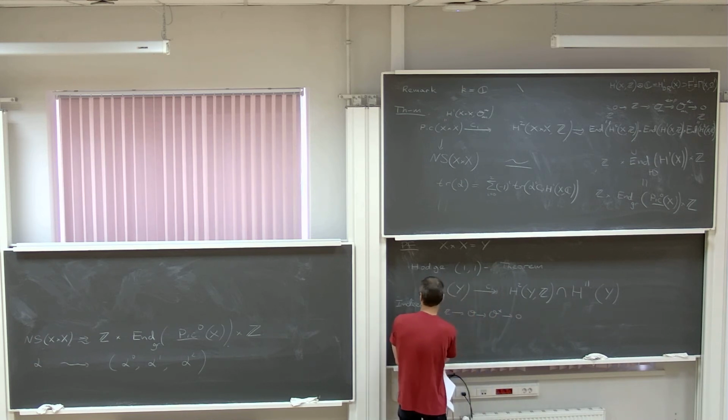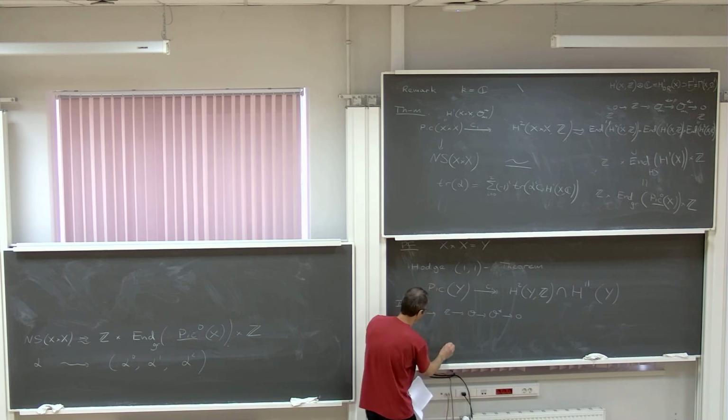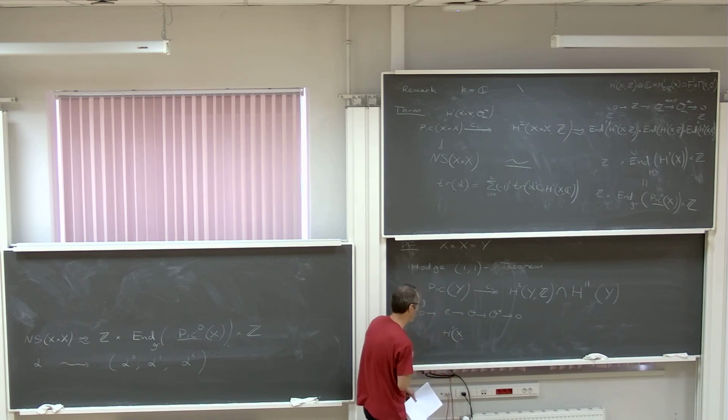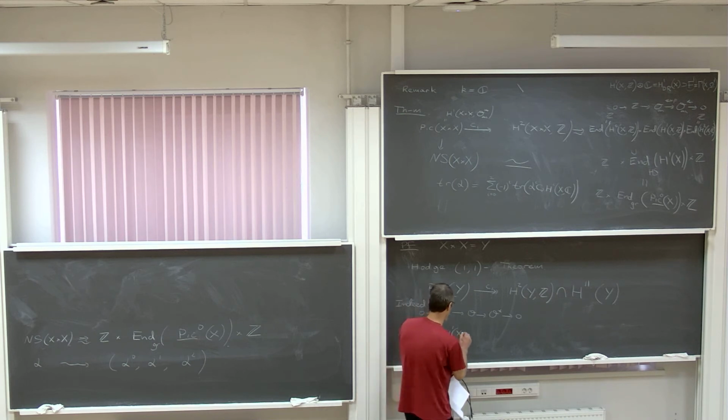And so you want to describe the map. So how does it work? It works as so: you have O star. This is the Picard group. Everything is analytic.